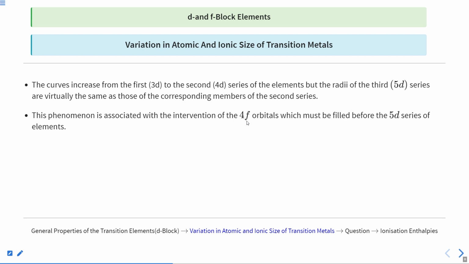Clear? So what I am saying is that the 4f orbital is filled first as compared to 5d. Now, for that reason, what happens? We see the lanthanoid contraction. Means the size is contracting more than the predicted size, and for that reason we don't see that much difference. Clear?